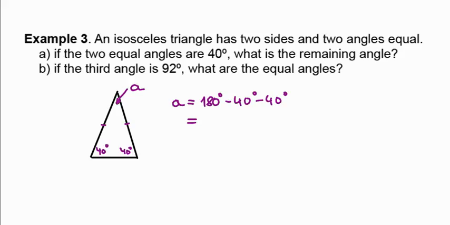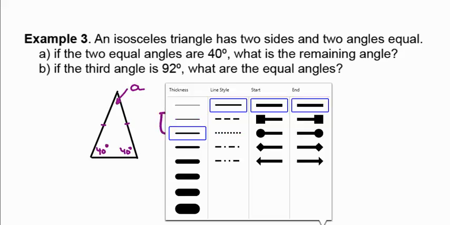And we just put it in the calculator. And we get 100. It is supposed to be 100. There we go, 100 degrees. And that would be our answer. So the last remaining angle is 100 degrees.